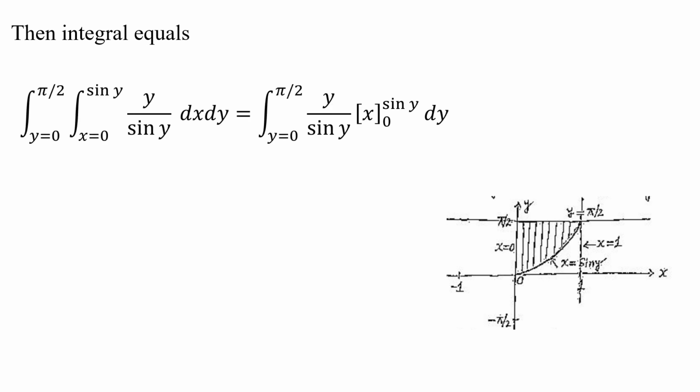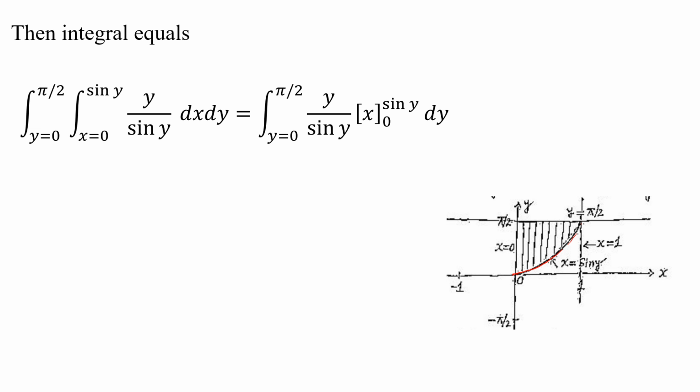So this integral will be equal to, first we take x, so x will vary from x equals 0 to x equals sine y, and y will move from 0 to pi by 2.